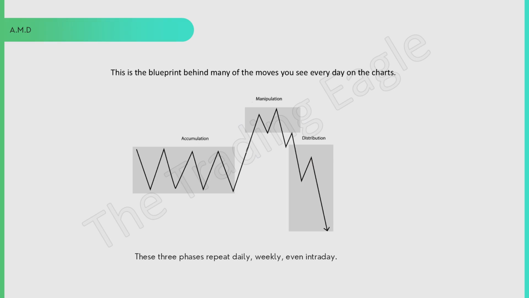And then from the manipulation, you have a reversal, which gives you an expansion to where price intends to move all along, and it's going to take out all the liquidity that has been engineered prior to the distribution phase. You see these three phases repeat daily, weekly, even intraday. You see them repeat on almost every time frame in the market.